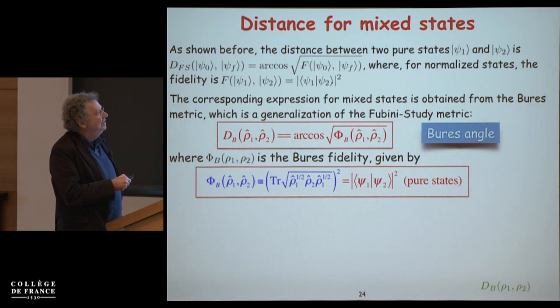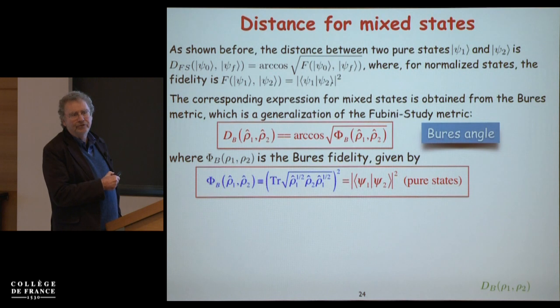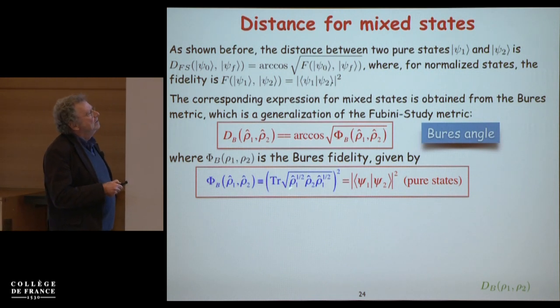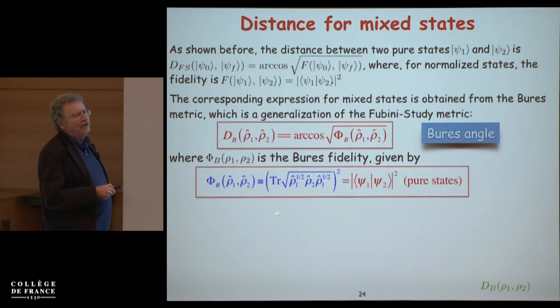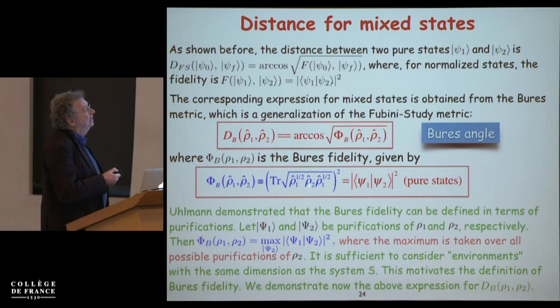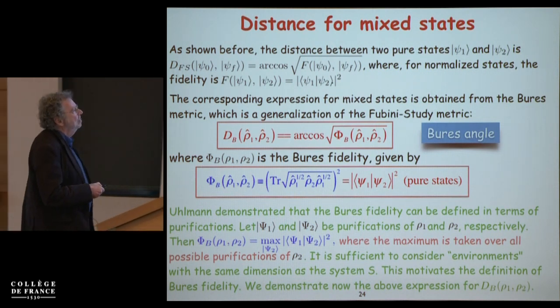Item A. Item B, show that if you have pure states, this reduces to that, which is the fidelity for pure states. Okay? So that's the expression due to Bures. Now, you can verify that this satisfies all the desired properties of a fidelity, but furthermore, there is a theorem by Bures that actually motivates this expression.